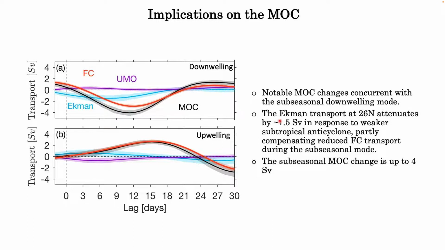So since the generation of these subseasonal trapped waves involves changes in the subtropical wind field, we would expect some concurrent subseasonal changes in the MOC components, right?